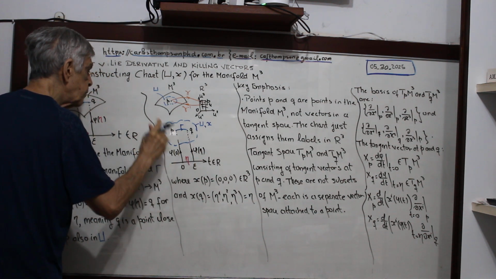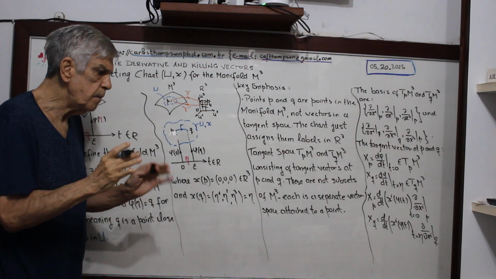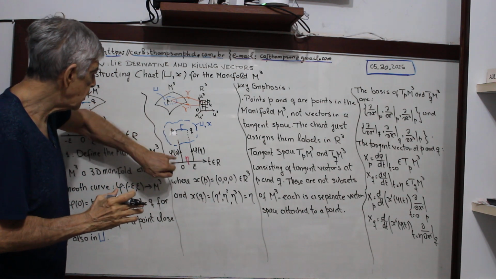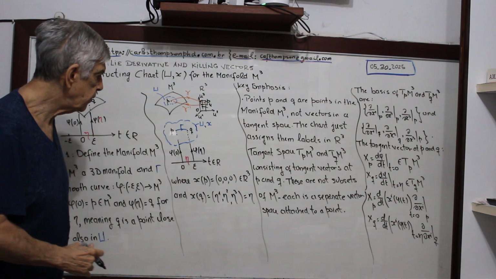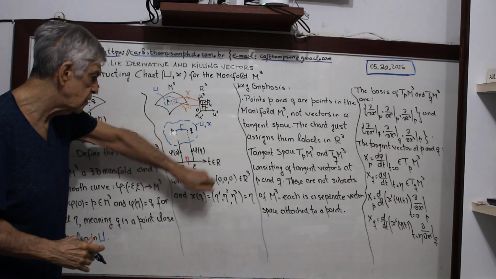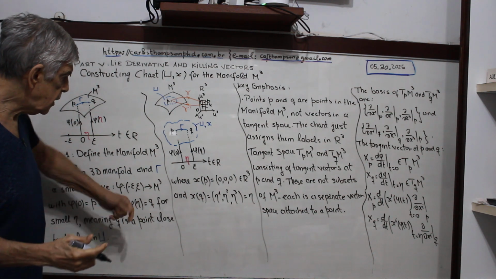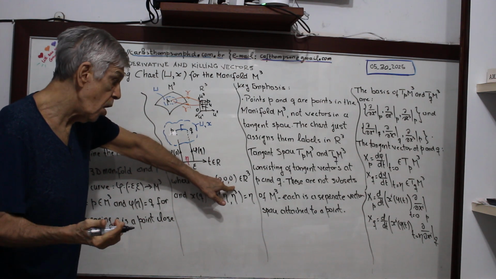Again, P and Q stay quite close, because eta over here is just a small increment, and eta belongs to the real space. Now again, X of P is 0, 0, 0 in R3.